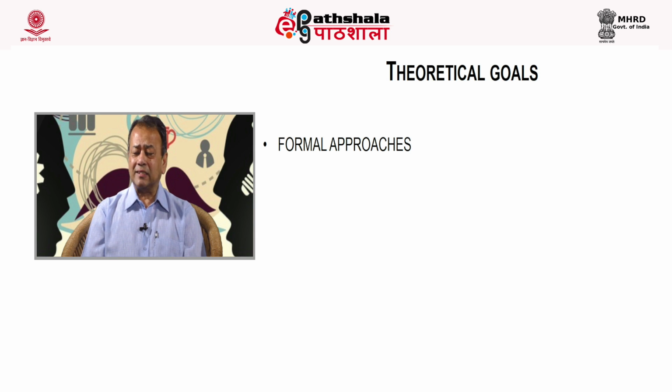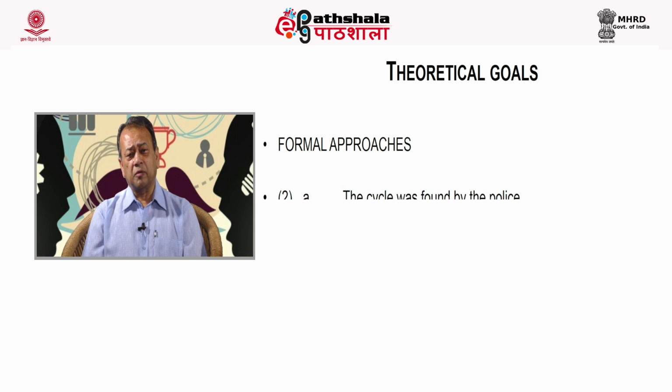If you look at the sentences in 2, how do you think the speakers of English understand them? Do they understand them as identical in meaning? So the cycle was found by the police. So it's the police which found the cycle. The cycle was found by the road. Is it the road which found the cycle? You will say no. How is it that the two have come about to have the same structure?